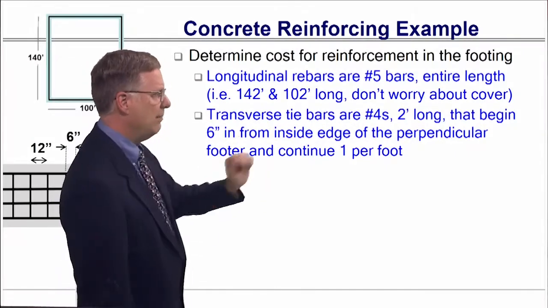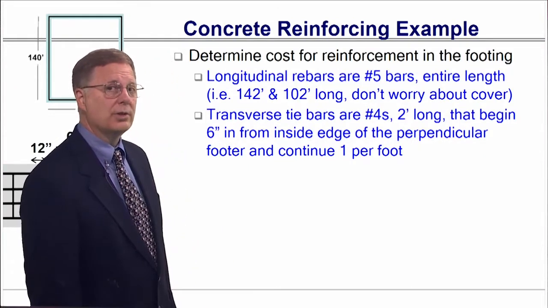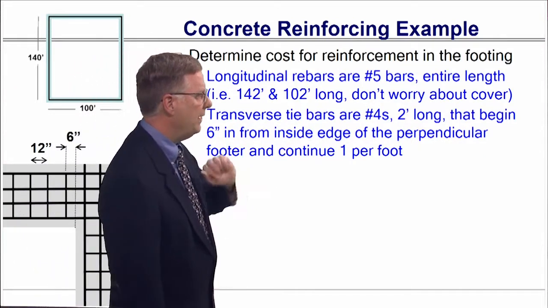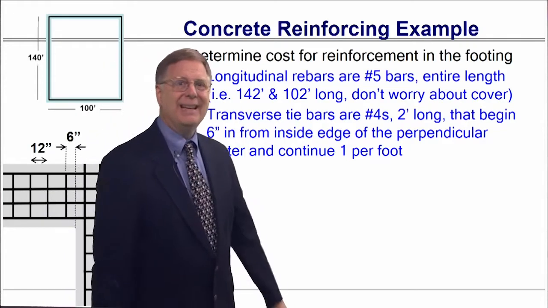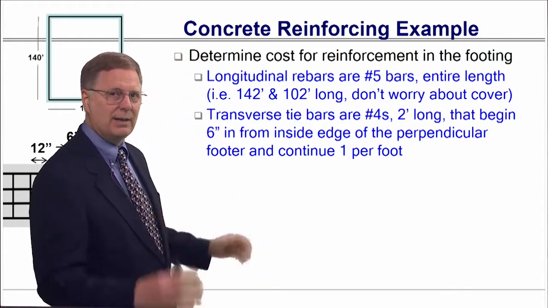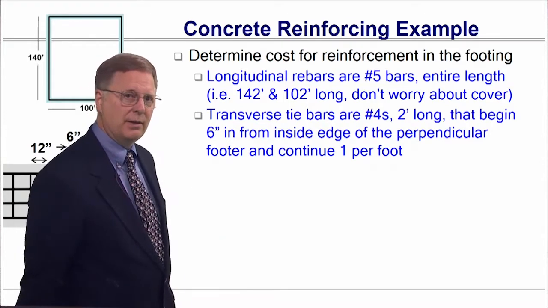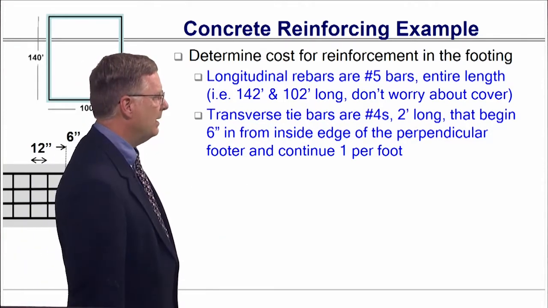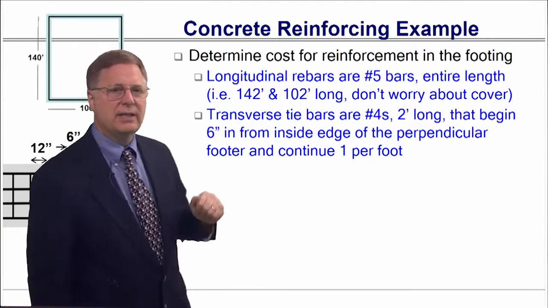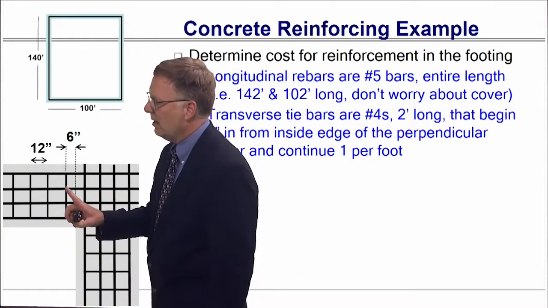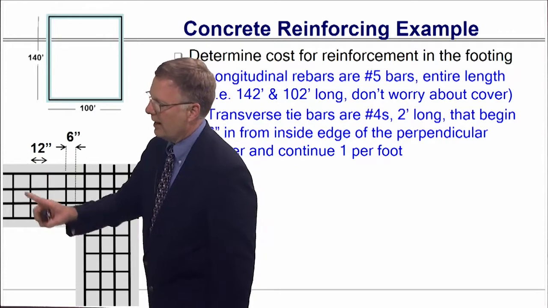The transverse tie bars are number 4s. They are 2 feet long, and they begin 6 inches in from either of the outside edges, and they run every foot thereafter.